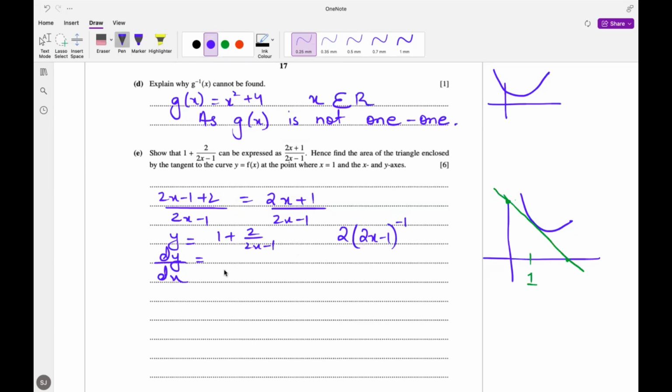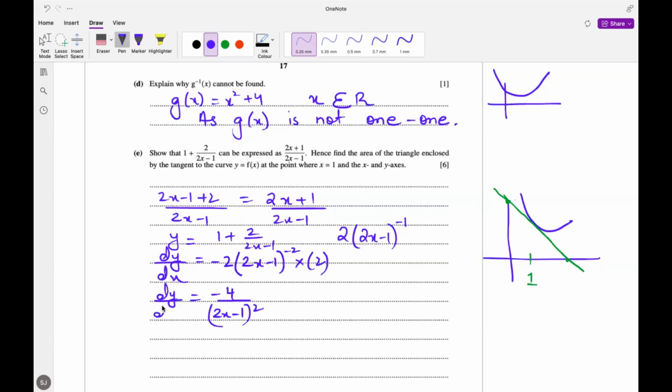So minus 1 times 2 will become minus 2 times 2x minus 1 to the power minus 2. We decrease the power by 1 and multiply by the derivative of 2x minus 1, which is 2. So dy dx will be minus 4, minus 2 times 2, and then we can bring 2x minus 1 to the power minus 2 into the denominator to make it squared.